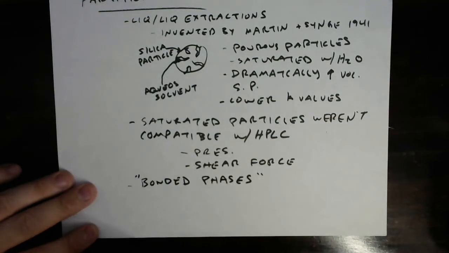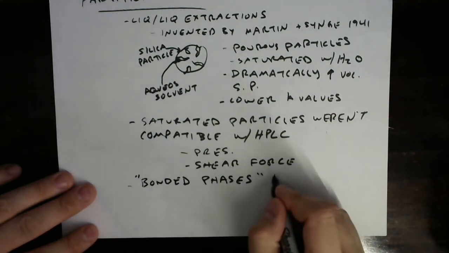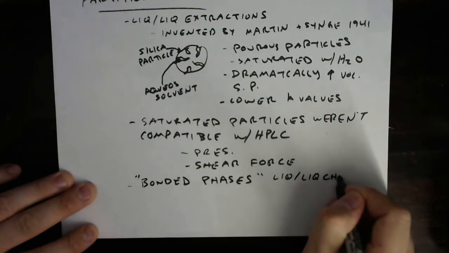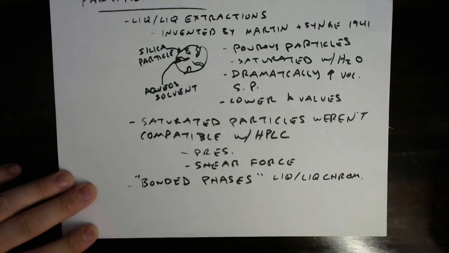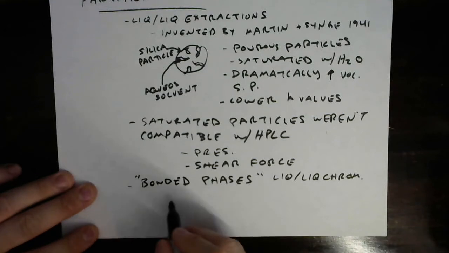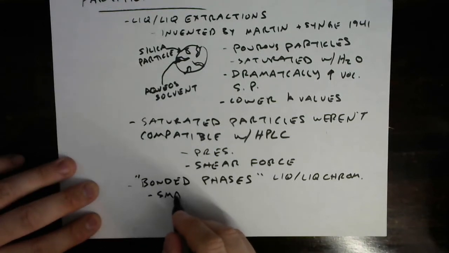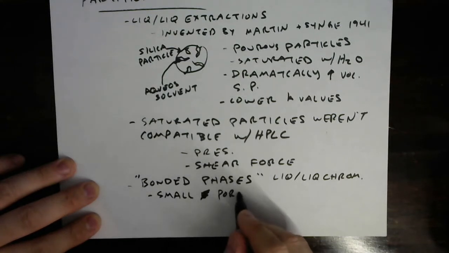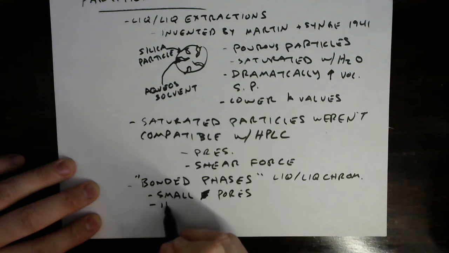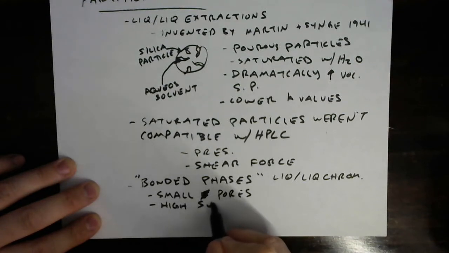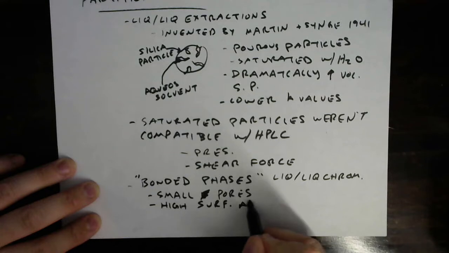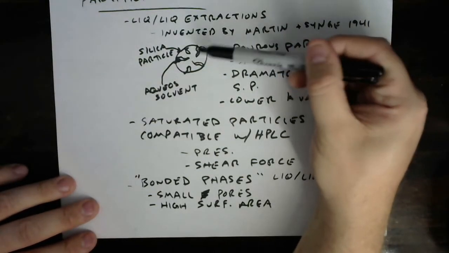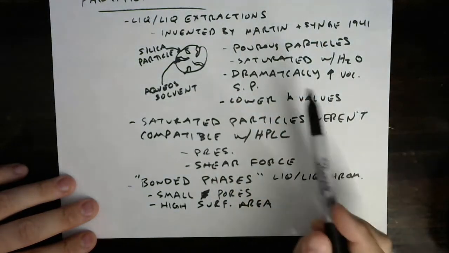The concept of a bonded phase for liquid chromatography is that if we have small enough particles with small pores and with high surface area, we can actually covalently bond to the surface molecules that would otherwise be liquid solvents.